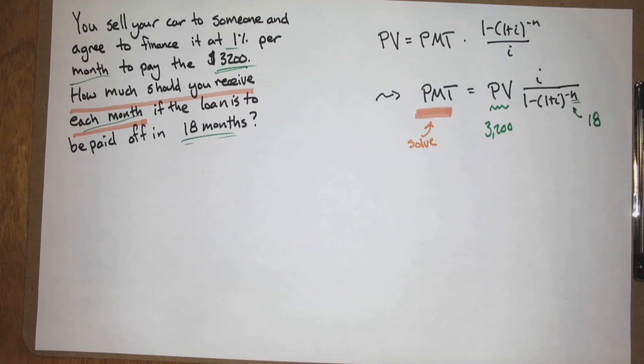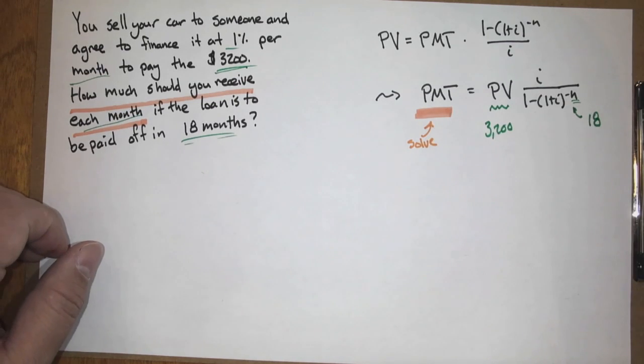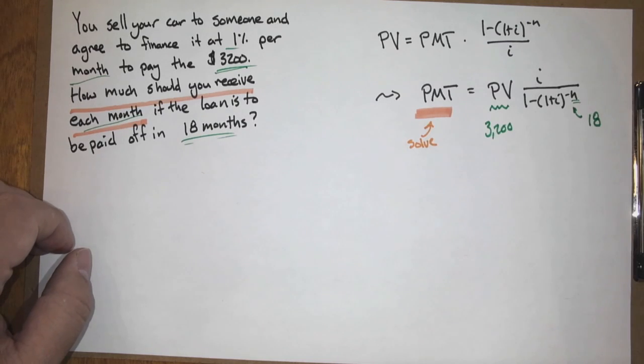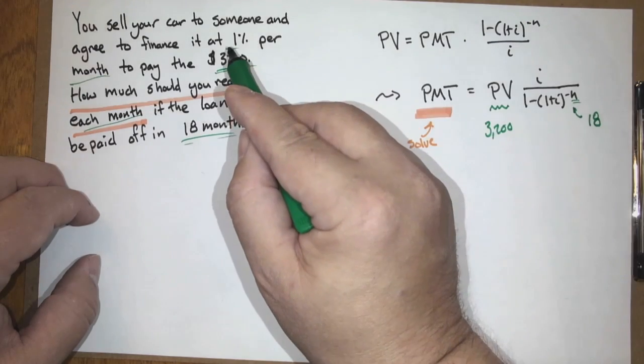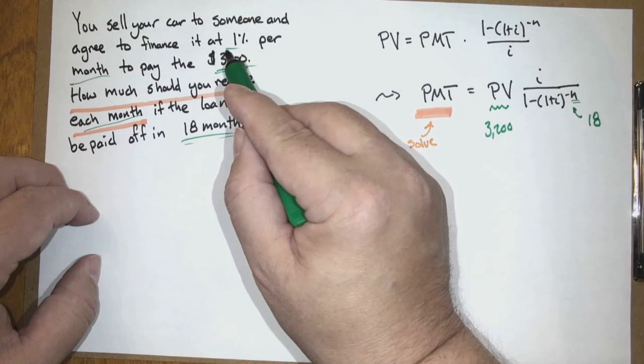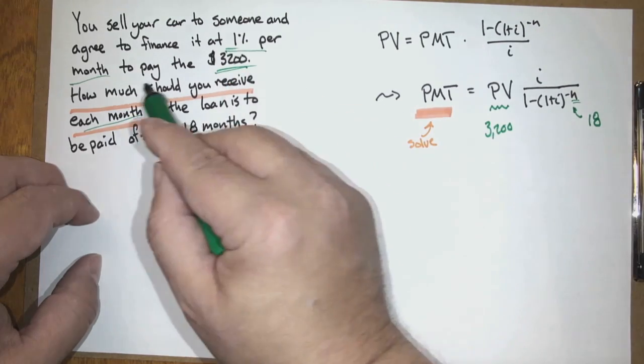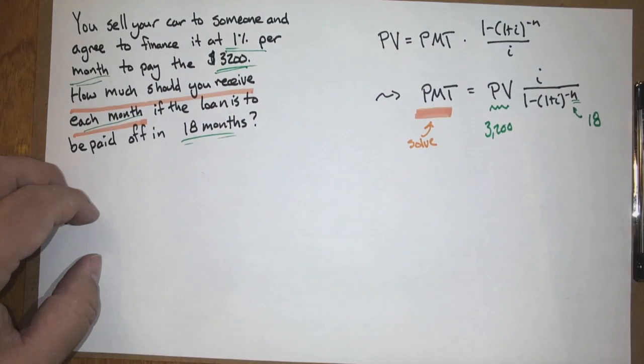Now, what is I? So I, be careful here, it's 1%, but it's not 1% per year, it's 1% per month. Well, the good news is we're working in months. So remember that I is the interest rate per the period, and our period is 1 month.